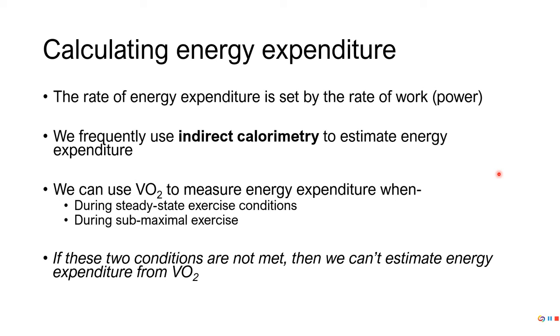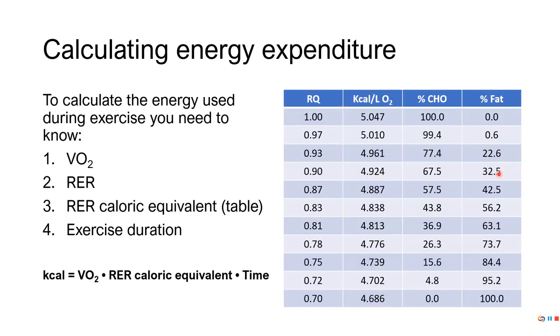Okay, so assuming that that's the case, if we're at steady state, we're at submaximal exercise, and we have these 4 pieces of information, we can calculate how much energy we're using. Okay, so we need to know VO2, our RER, we need to have access to this table, and then we need to know how long we were exercising for.